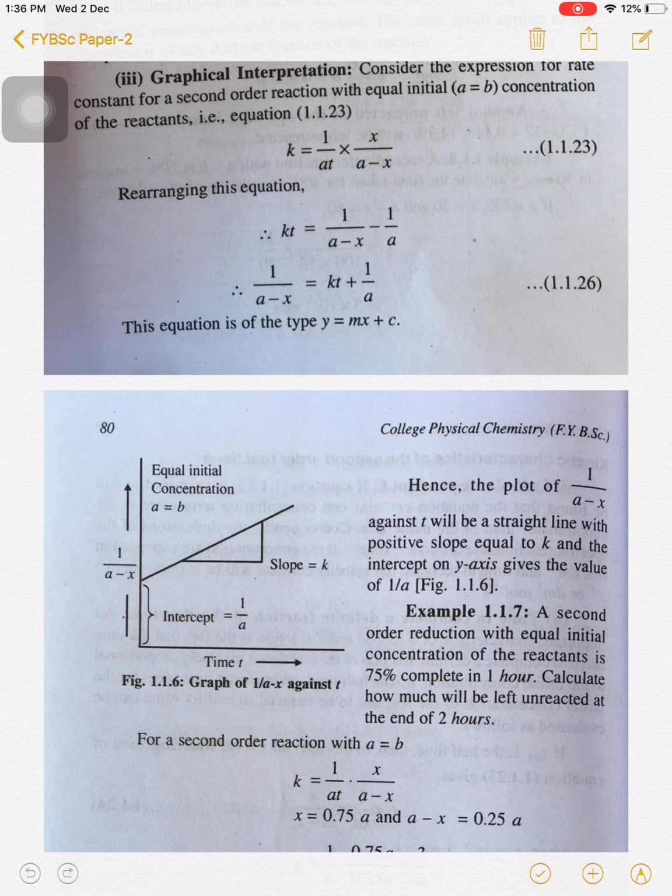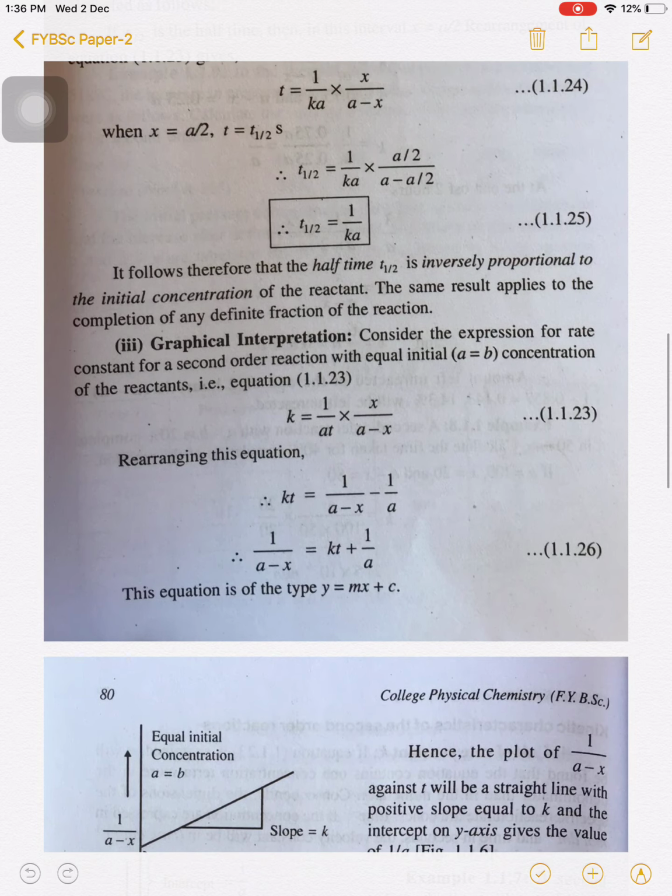This straight line intercepts the y-axis here. So the intercept is 1 upon A, and the slope is K. Whatever we calculate as the slope from this graph is the rate constant. So by use of this graph we can calculate the rate constant for the second order reaction also.